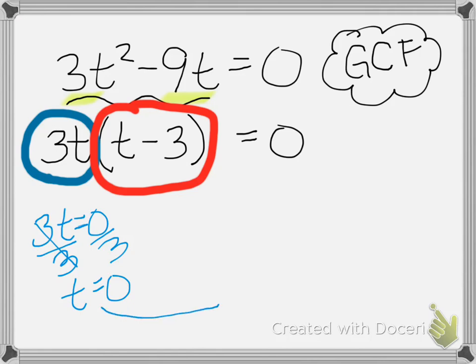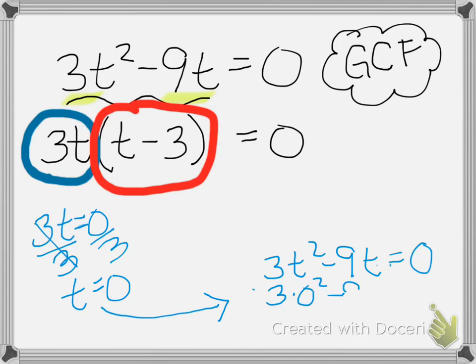So if I took that t, if I took the original equation, actually I should take the original equation. If I took that original equation, 3t squared minus 9t equals 0, and I replaced t with 0, I would have 3 times 0 squared minus 9 times 0 equals 0.